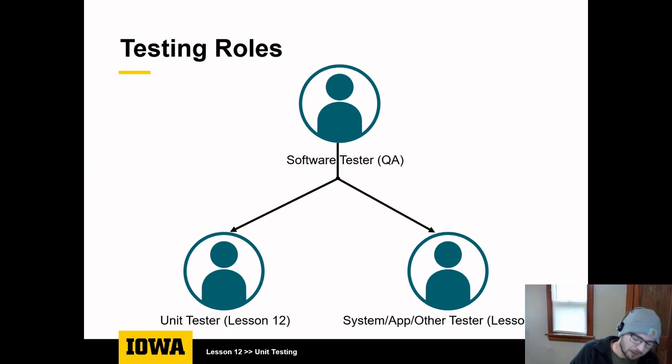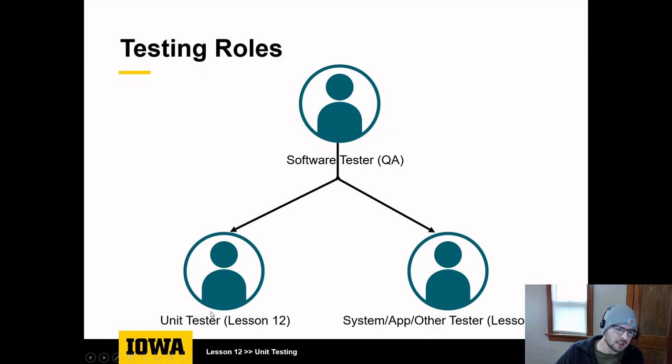Anyway, we're going to split this software tester role, this QA role, into two different roles. These diagrams make the world look cleaner than it is. It's not this clean, but I think for teaching purposes, it'll make sense to split these up.